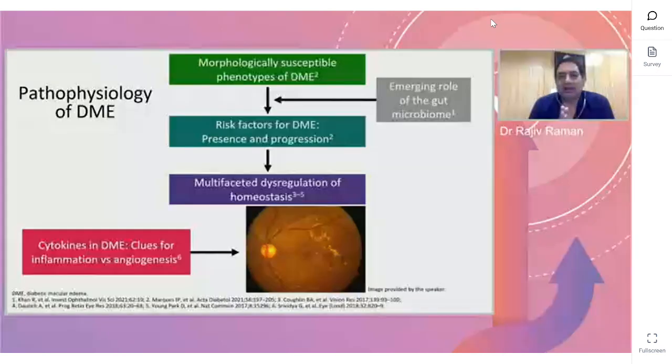And all these together cause this dysregulation of homeostasis, which I had shown in those two videos, the normal retina and the retina with diabetic macular edema, all ultimately culminating in formation of diabetic macular edema. Yes, cytokines probably give some idea about the role of inflammatory mediators versus other angiogenic factors in the pathogenesis of diabetic macular edema.